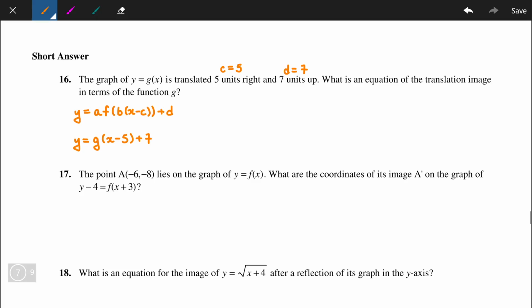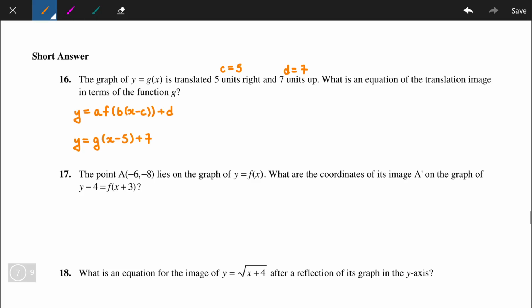Okay, number 17. The point A with coordinates -6, -8 lies on the graph of y equals f of x. So we're looking for the image A prime on the graph of y minus 4 is equal to f of x plus 3.